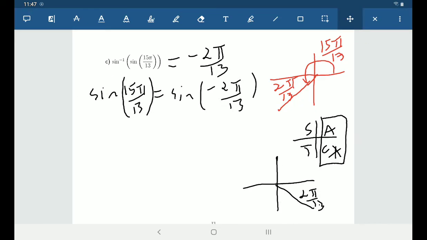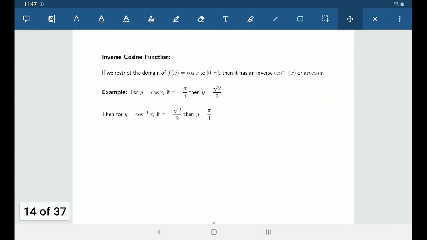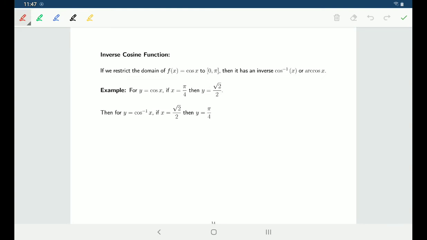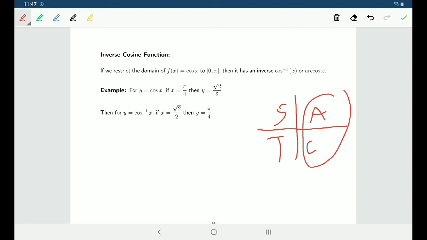All right, excellent. Now, the next part is talking about inverse cosine functions, and a lot of this is, again, similar to the things that we'd said about inverse sine. Here, we're restricting our domain to quadrant 1 and quadrant 2, and the reason for that is if we had used quadrant 1 and quadrant 4, those are both quadrants where cosine is positive.